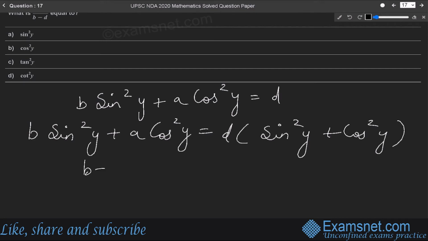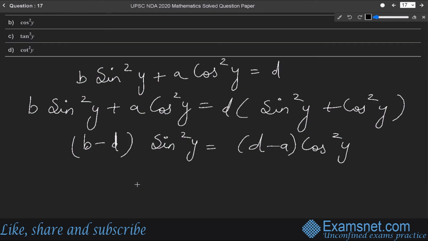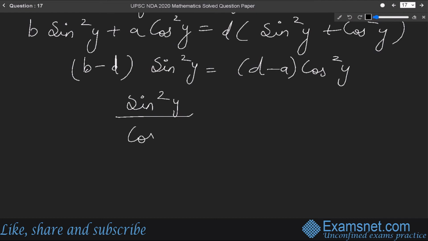Now from this we can get b minus d into sin square y is equal to d minus a into cos square y. We have just separated the terms of sin square y on the left hand side and the terms of cos square y on the right hand side. So from here we can get the value of sin square y upon cos square y, which is equal to d minus a upon b minus d.